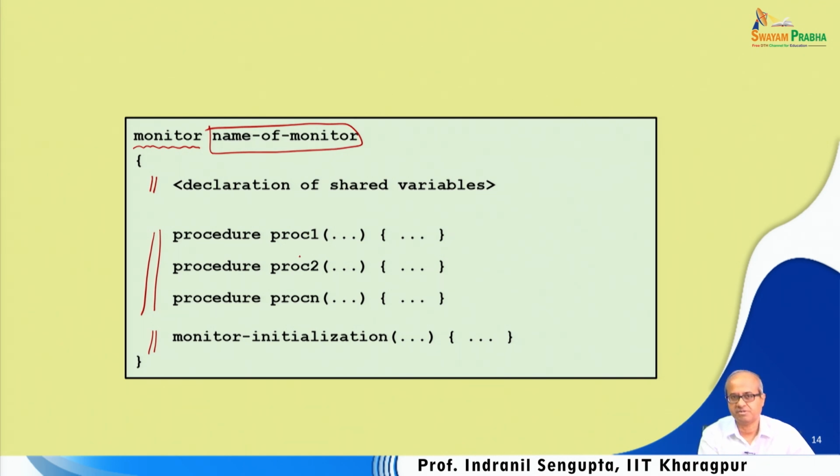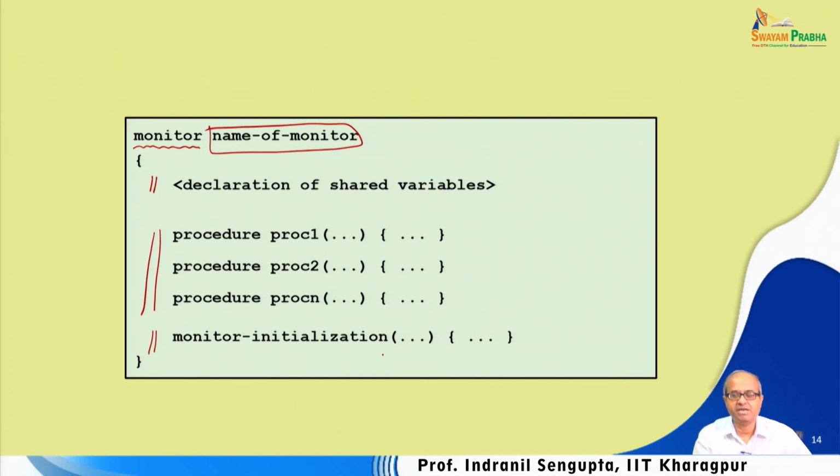But whatever variables you define inside proc 1 can be used only from inside proc 1. Proc 2, proc 3, proc 4 cannot access that. And in the monitor initialization, typically the shared variables are initialized, and anything else you need to do before the procedures are called.